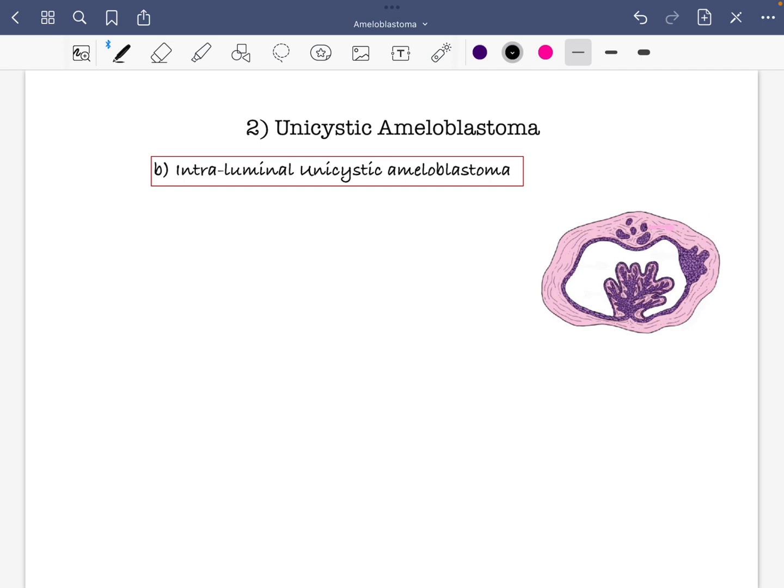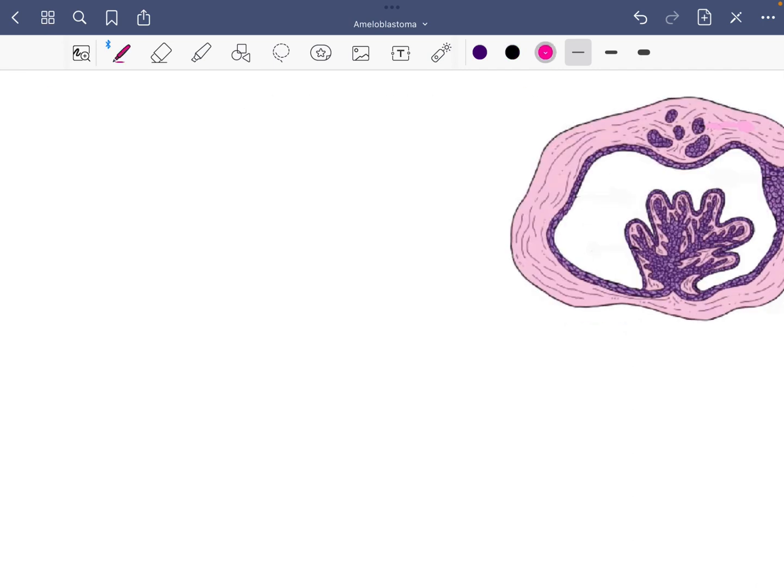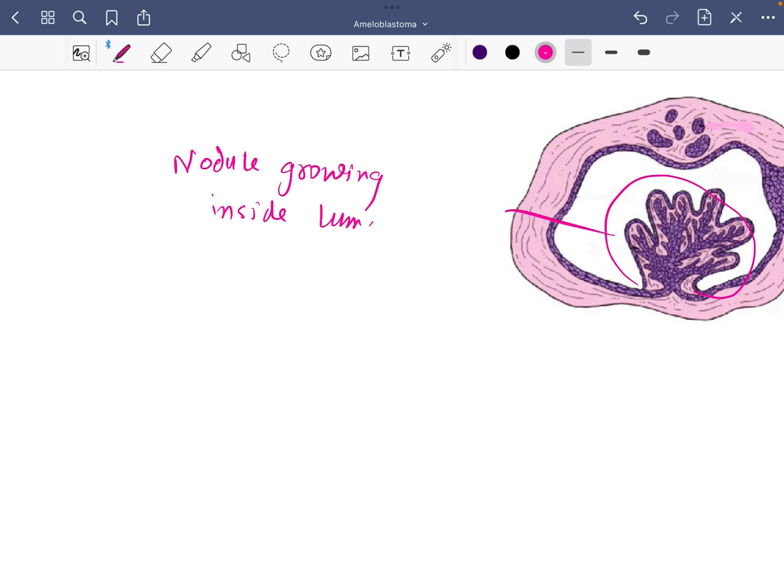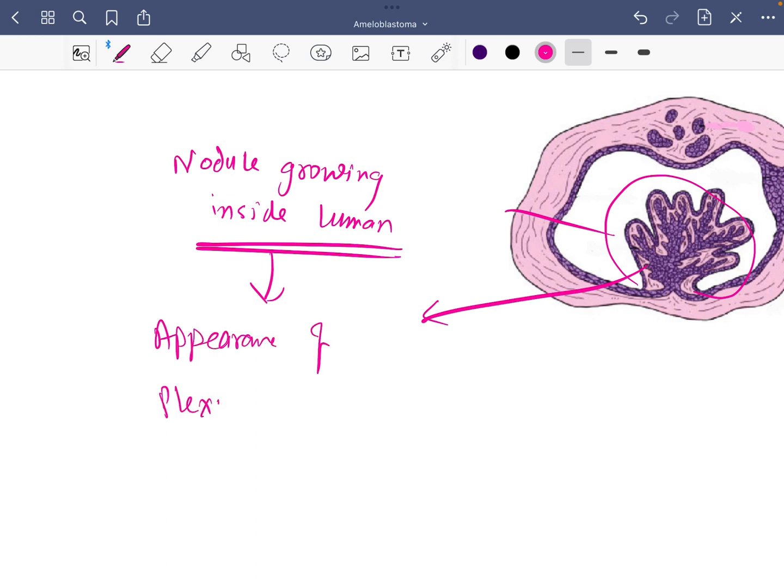In the intraluminal type, you will find the same features, but your tumor is a nodule growing inside the lumen, and this growth into the lumen will give the appearance of plexiform unicystic ameloblastoma.